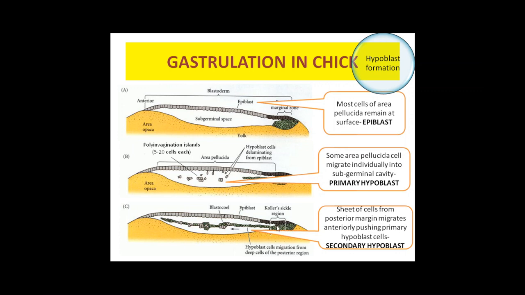Collar sickle is a local thickening in the posterior margin. The resulting two-layered blastoderm, that means the epiblast and hypoblast, is joined together at the marginal zone of area opaca, and the space between the layers forms the blastocele.